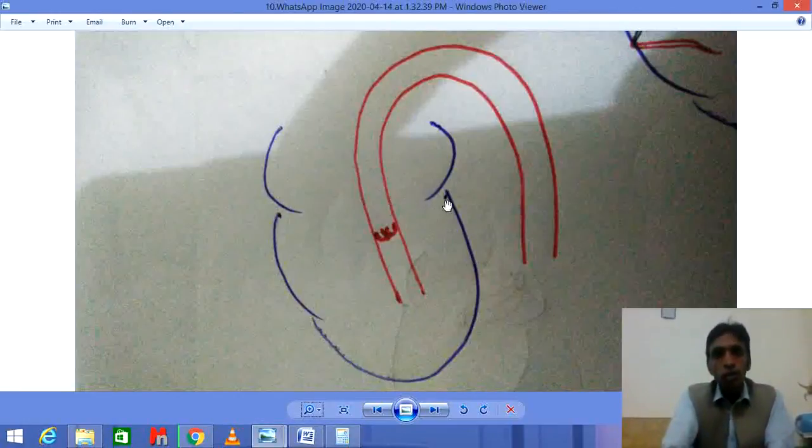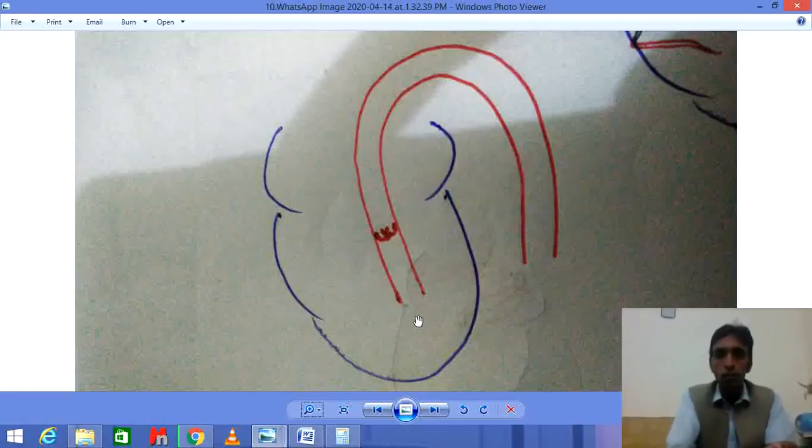Preload is when the left ventricle, or both the ventricles of the heart, get relaxed and are filled with blood, both combinedly filled with blood, one from this area and one from this area.